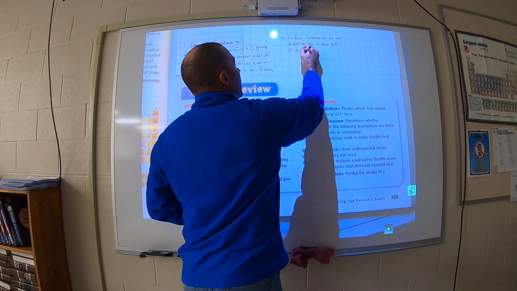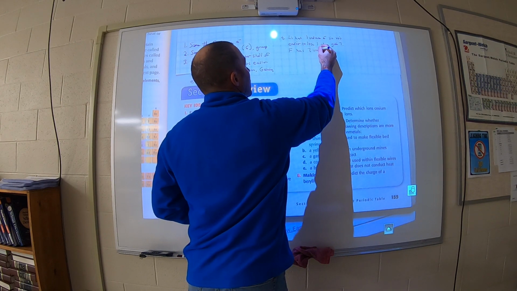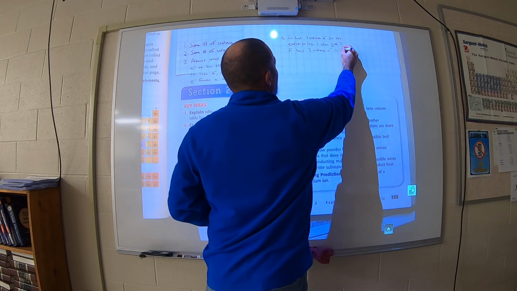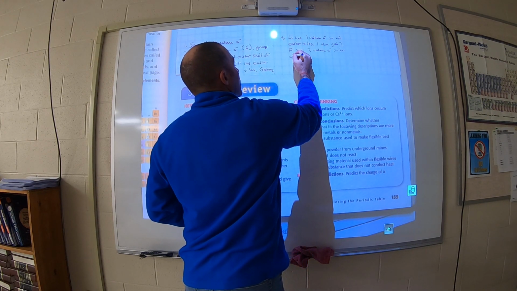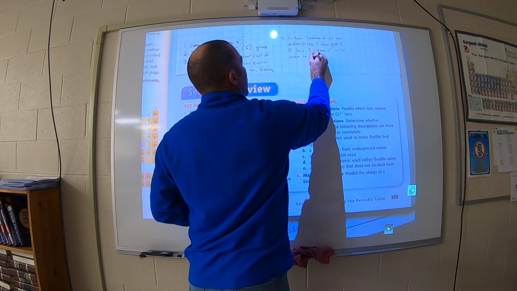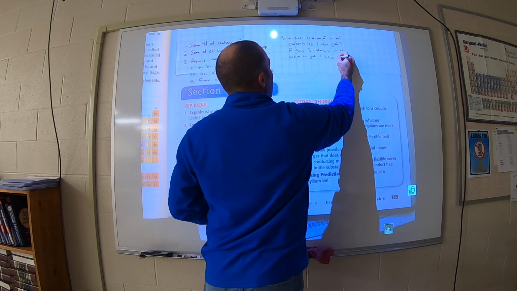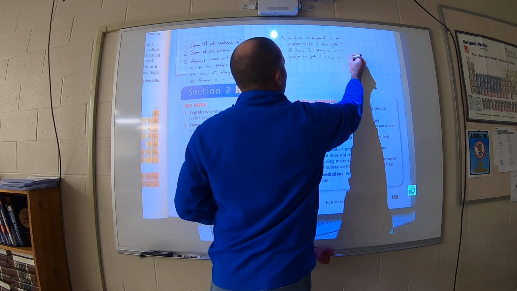Fluorine has 7 valence electrons, so it's easier to gain 1 than lose 7.